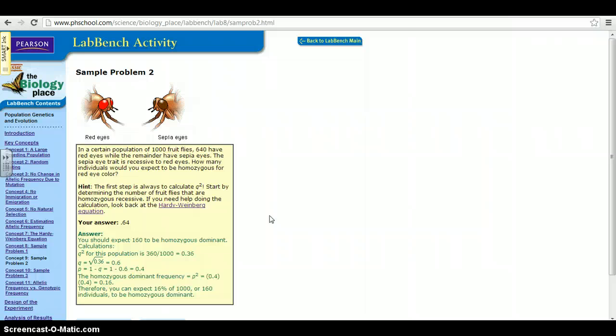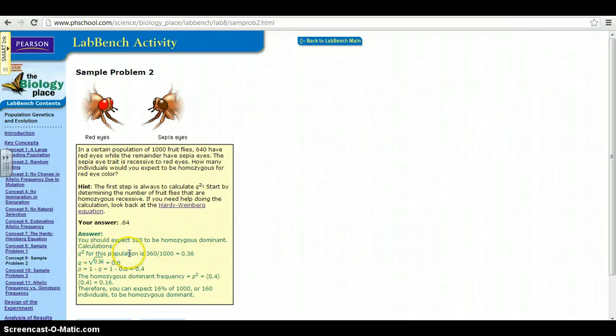We know their genotype must be small q, for lack of a letter that they've given us. So we want to start by calculating q squared, or the percentage of individuals with sepia eyes. 360 individuals out of 1,000 have sepia eyes, so 36% have sepia eyes.